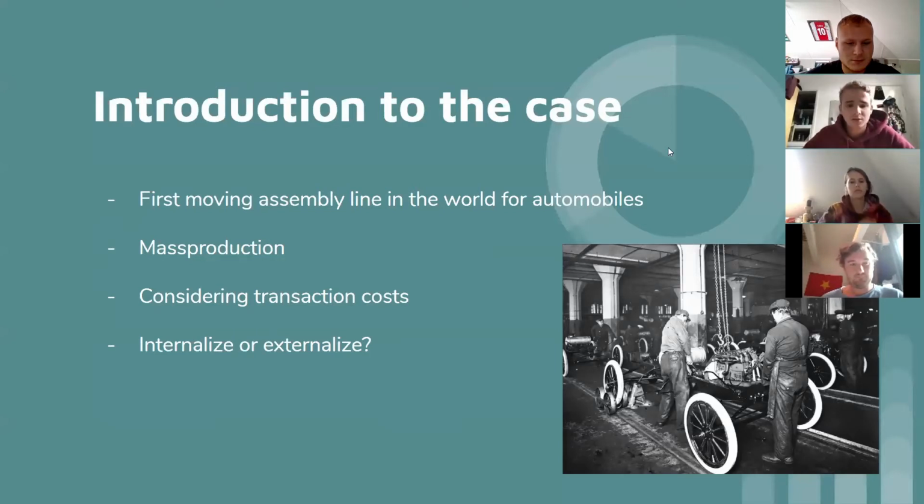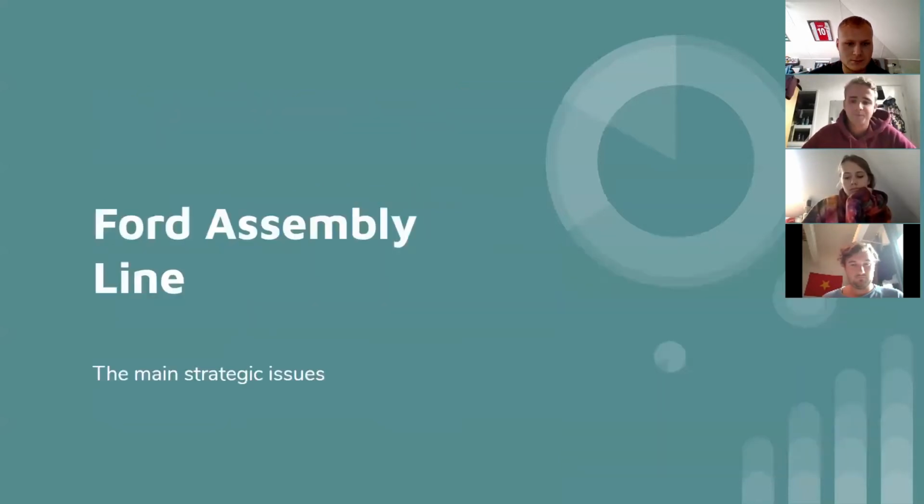These were costs that had to be taken into consideration. However, Ford had a very innovative production process which didn't exist anywhere else in the world for automobiles. Considering this, they chose to internalize their production process. We're going to explain this based on the transaction cost theory in the next slides.